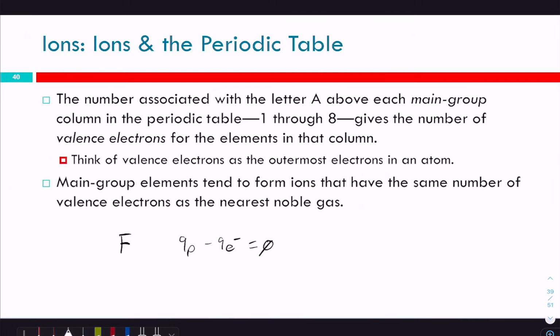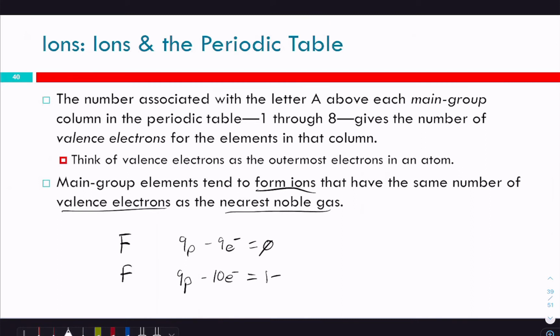It tends to form ions that have the same number of valence electrons as the nearest noble gas. What is the nearest noble gas to fluorine? Neon. And neon has 10 electrons. So fluorine has 9 protons, but it wants to have as many electrons as neon, and that's why it forms a 1 minus.